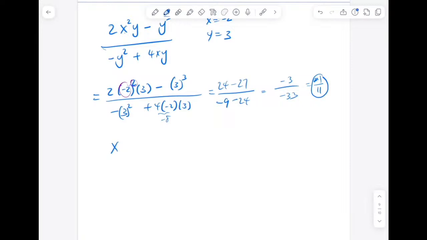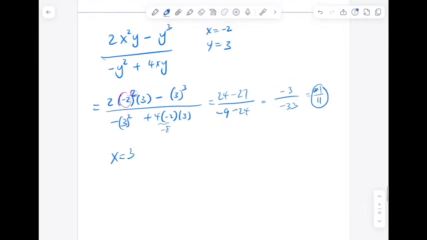So let's just say x is equal to 3 and y is equal to -2 this time.